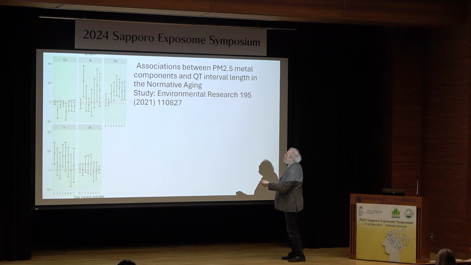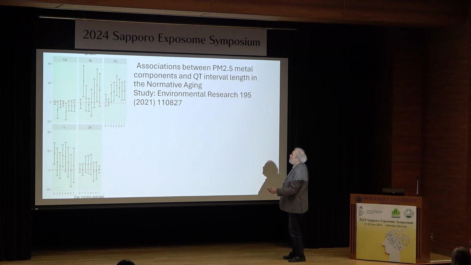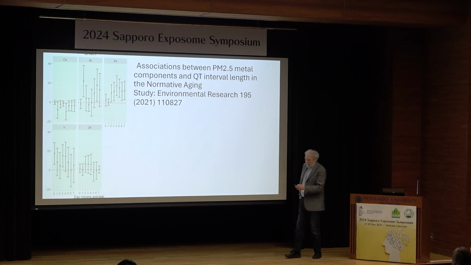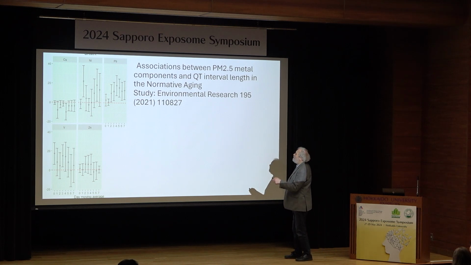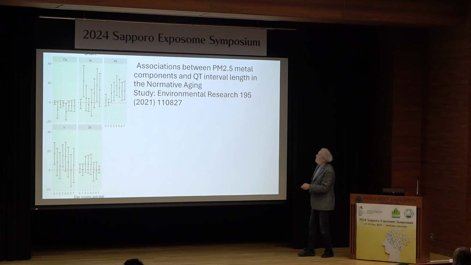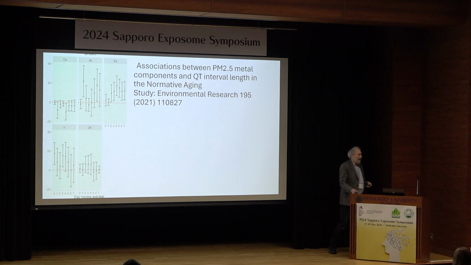And you can see there's clearly a significant increase in QTC associated with lead and maybe with nickel, and not really for the other metals. So, sorry, this is not toenail metals, this is the air pollution. Okay, so we can use EKMR for that.